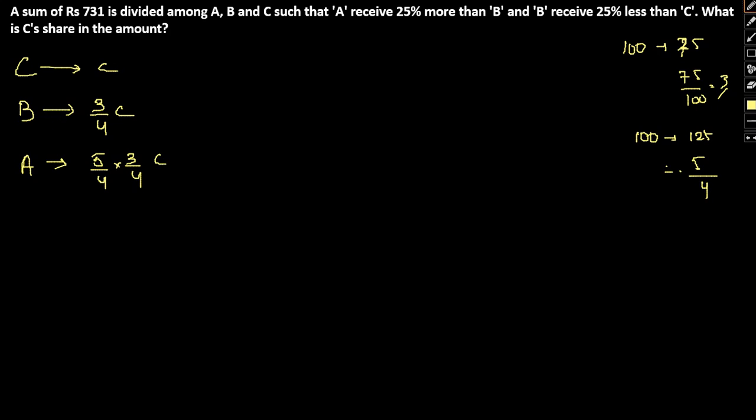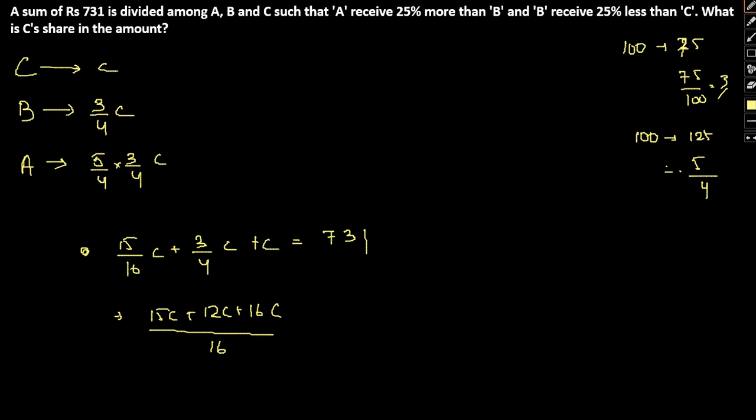So the sum of all this, 15 by 16 C plus 3 by 4 C plus C will be equal to 731. If I take 16 as common, 15C plus 12C plus 16C by 16 equal to 731.